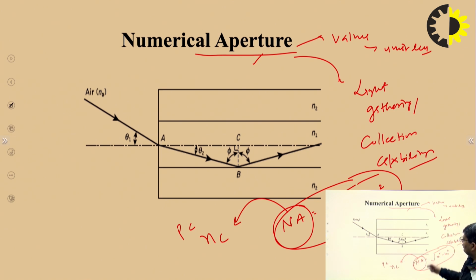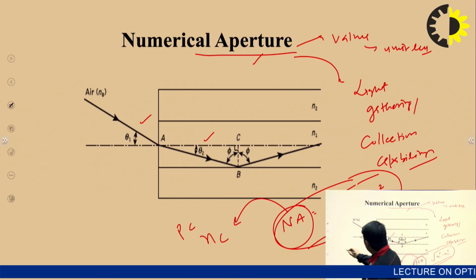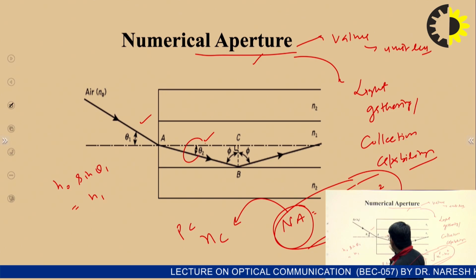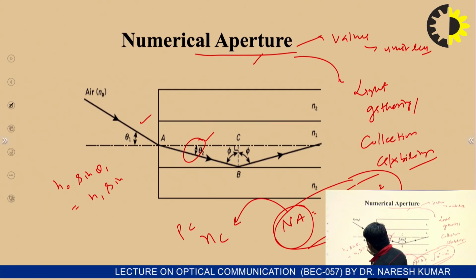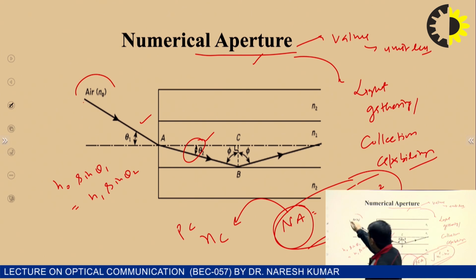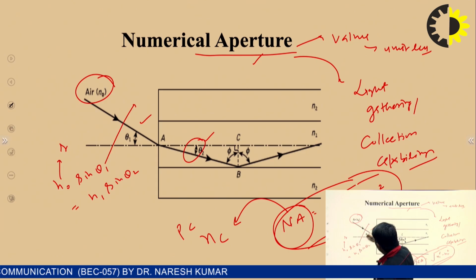So we can derive this equation by applying Snell's law at this point and at this point. That is, n naught sine theta 1 equal to n1 sine theta 2 inside at this point. This is air, so n naught equal to 1. At critical condition theta 1 becomes theta a, the acceptance angle.